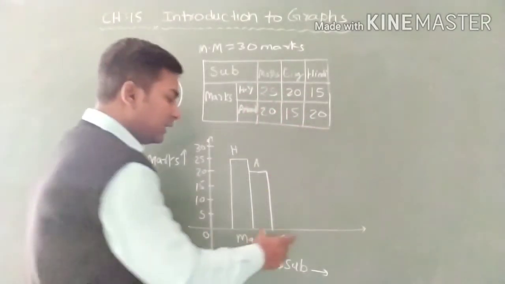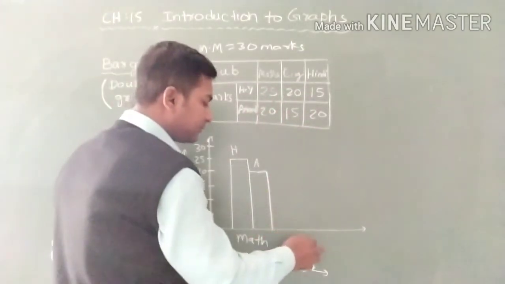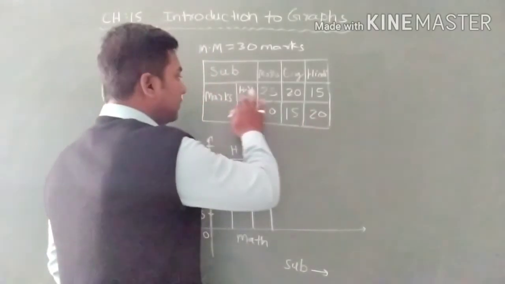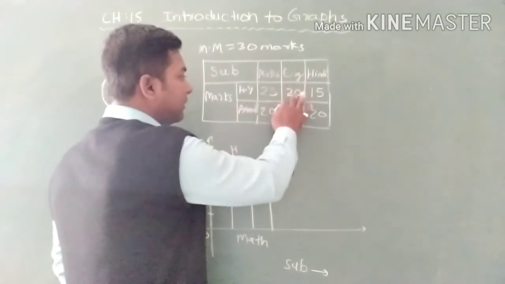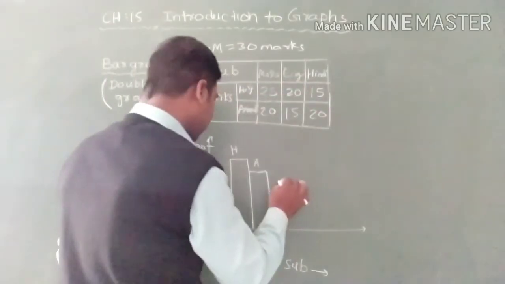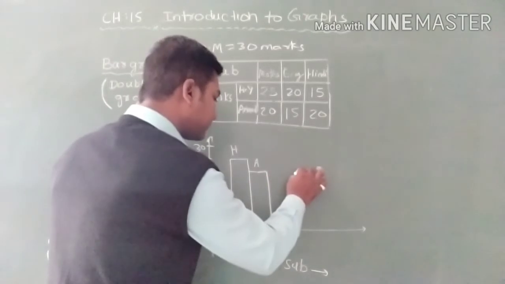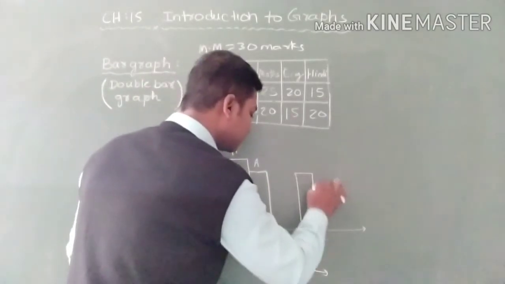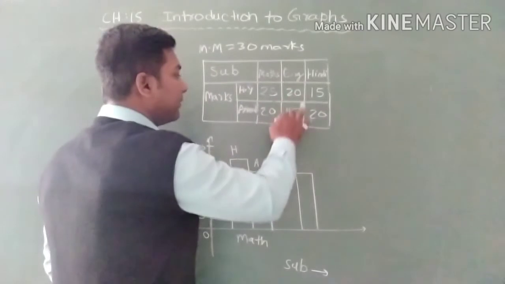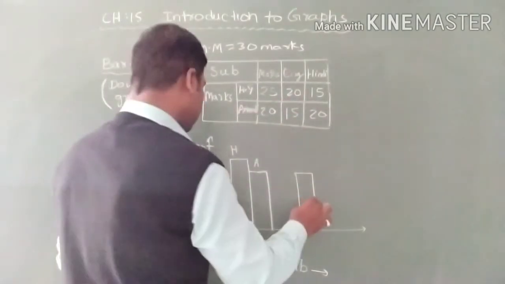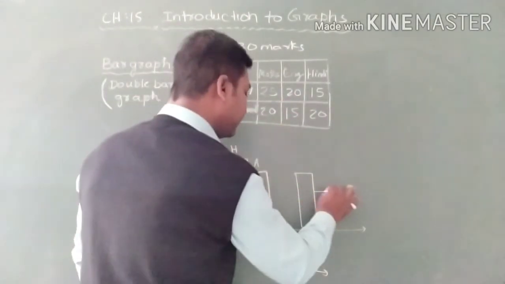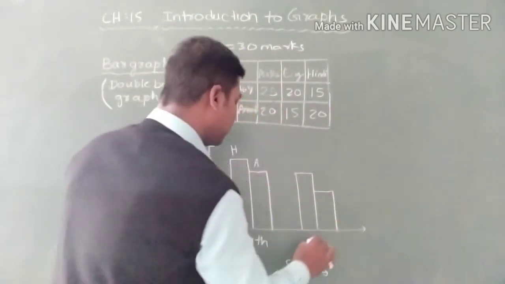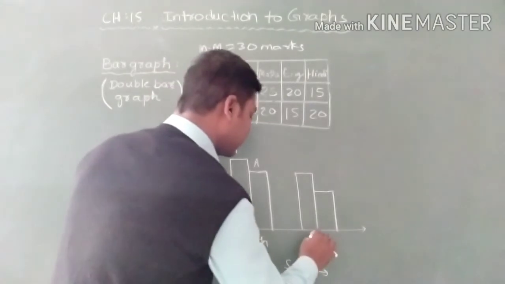Leave a gap here and draw the half yearly bar up to 20, and the annual bar up to 15. This is the English subject.